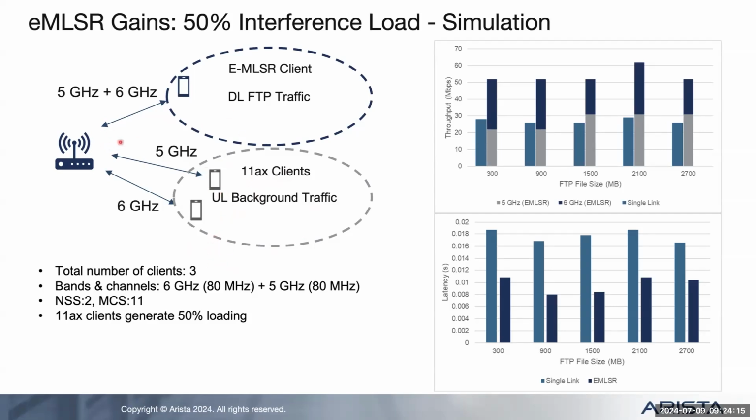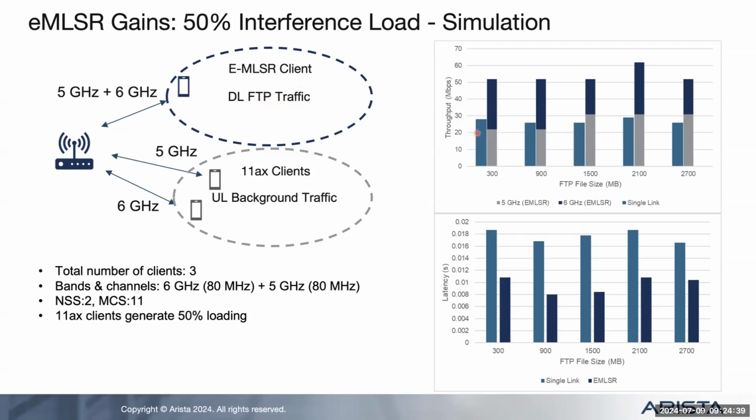The 6 gigahertz is operating at 80 megahertz and 5 gigahertz is operating at 40 megahertz. We started loading the 11AX clients with 50% load. We induced the interference and wanted to send downstream TCP traffic and observe how this EMLSR client behaves with respect to single link operation.